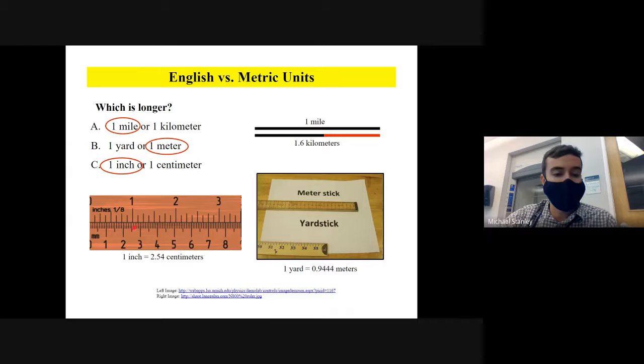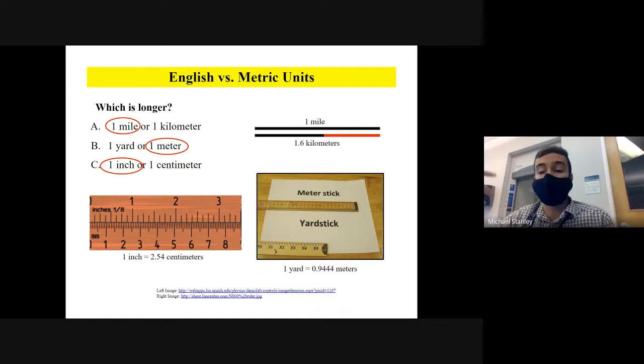But there's also these tiny little lines down here, and these are our millimeters. So there are 10 millimeters in a single centimeter. And then if we put 1,000 of these little millimeters together, we would end up with 1 meter.